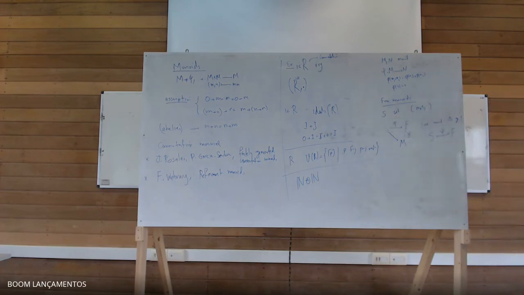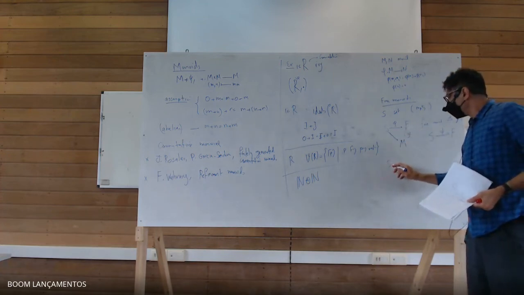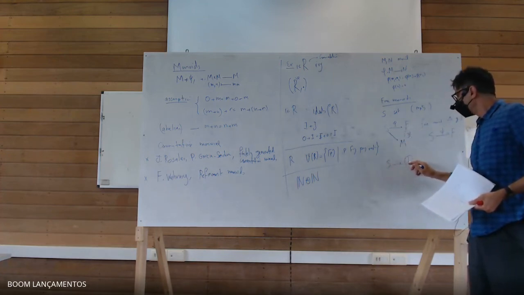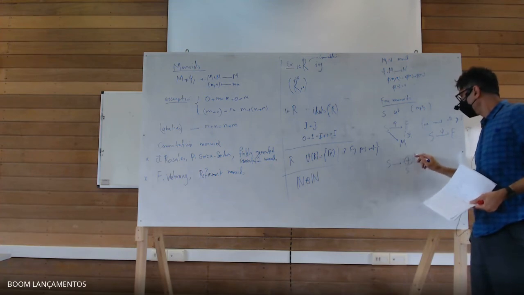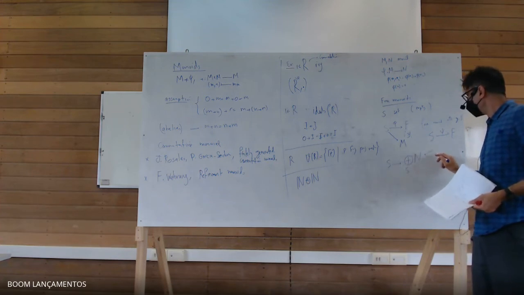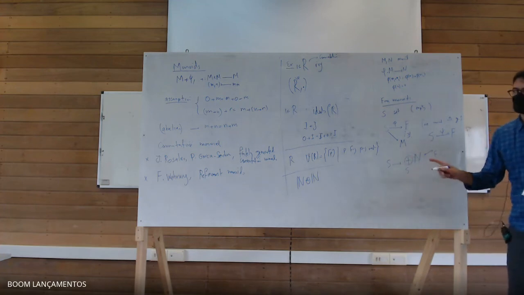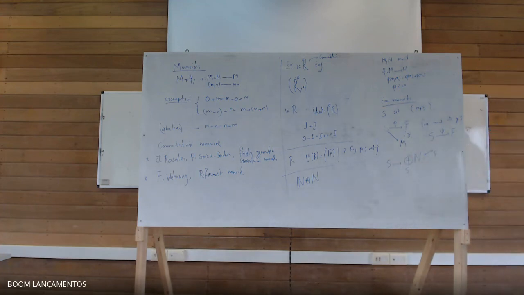Okay. And the game you play is that you have this S, then that F becomes just S copies of N. This is your F, and it has that property. All right.